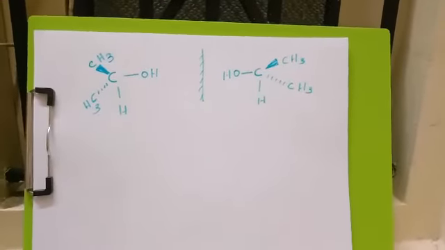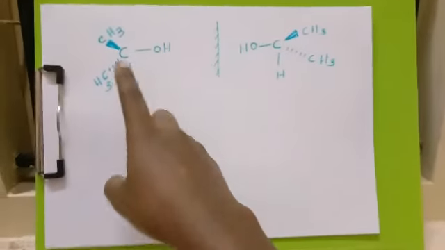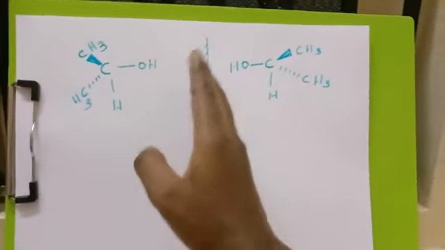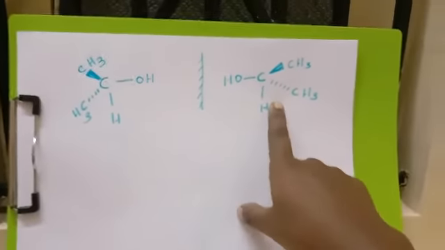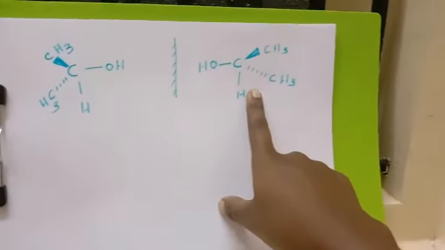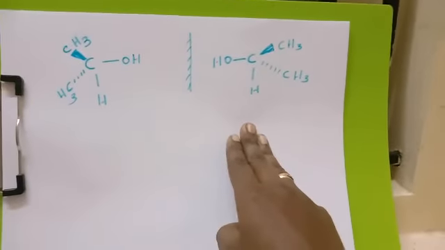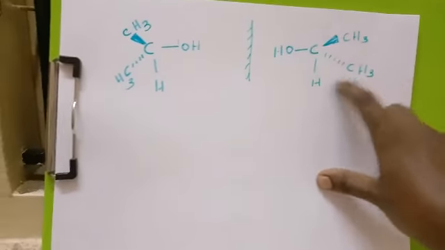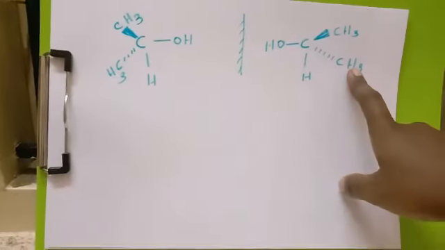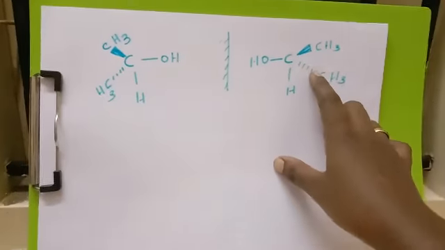Next we see another example, that is propan-2-ol. If we place this propan-2-ol molecule in front of the mirror, we get the mirror image of this propan-2-ol. And this propan-2-ol does not contain an asymmetric carbon atom. What is an asymmetric carbon atom? A carbon atom with 4 different groups. Here CH3, CH3, that is the same group, so it does not contain an asymmetric carbon atom.